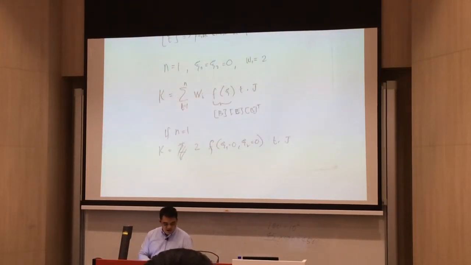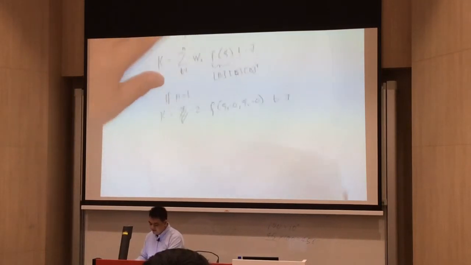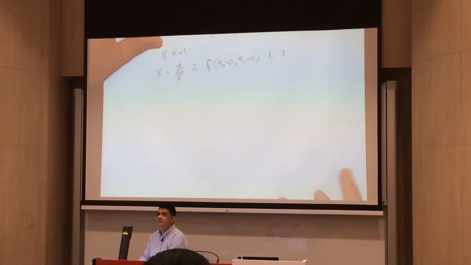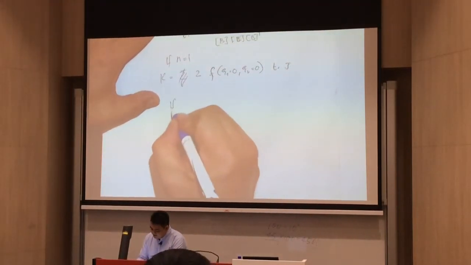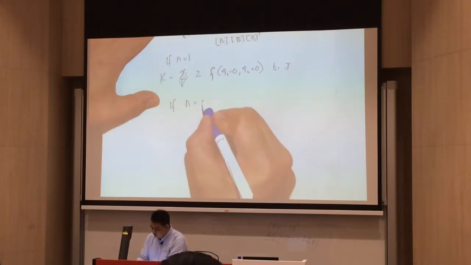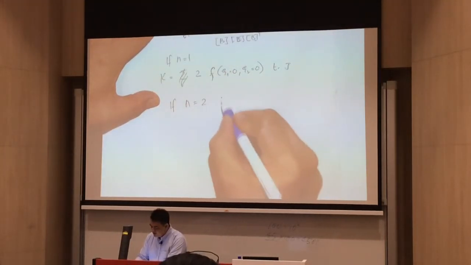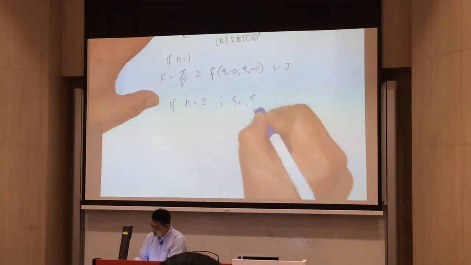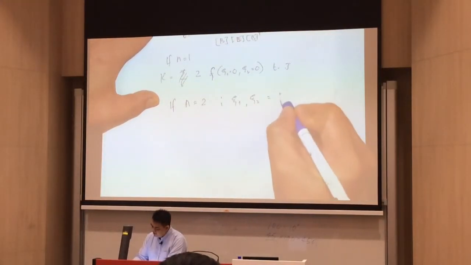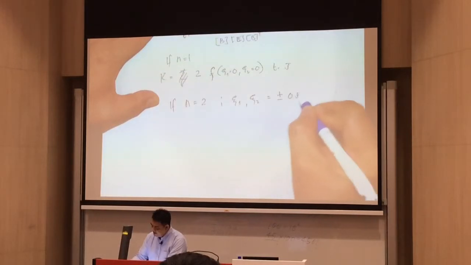So what if you have n equal to 2? What will happen? We will do this one next meeting. Just telling you that if n is equal to 2, you have your C1, C2 equal to plus minus 0.577.